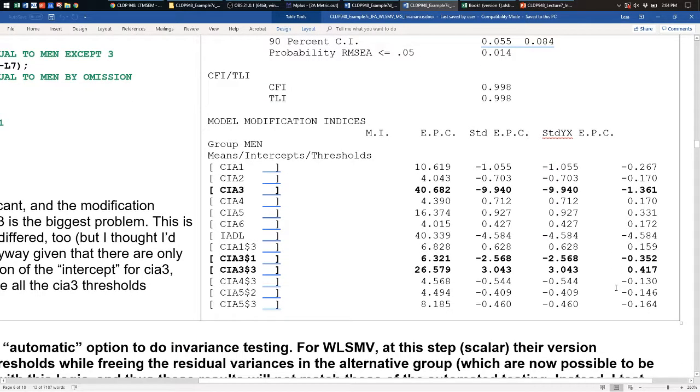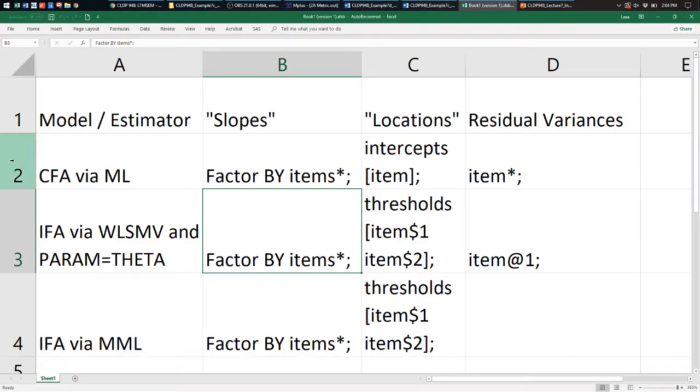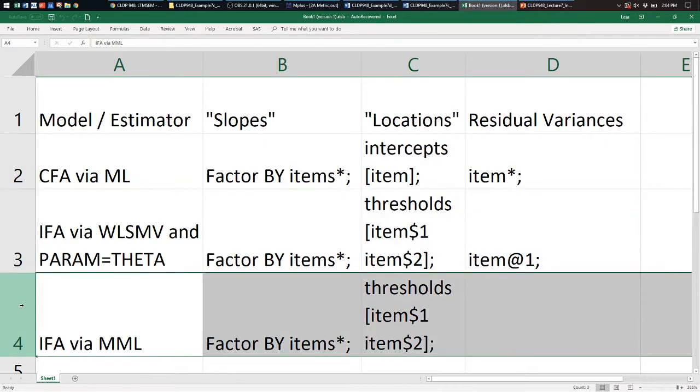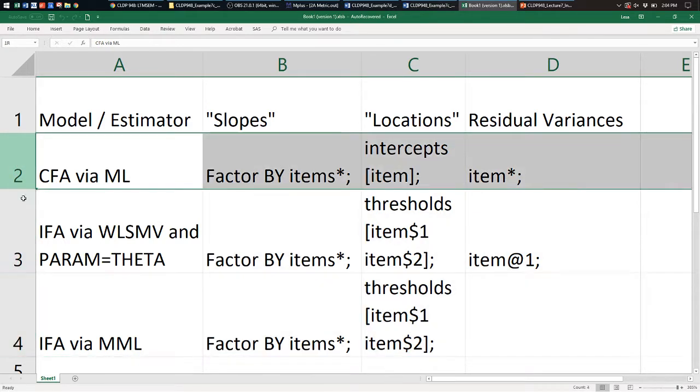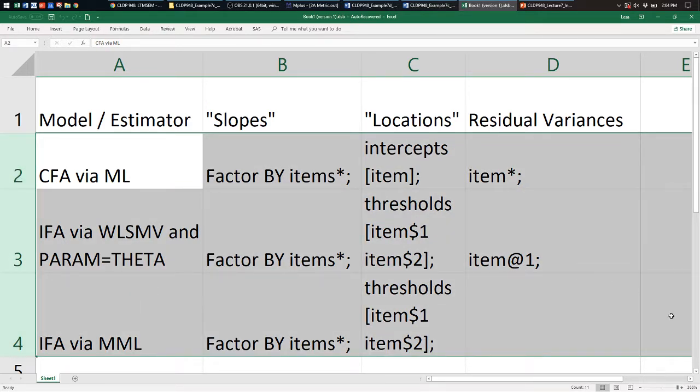To the voodoo, modification indices. Now you're going to see some funny things here. You see the dollar signs, right? So what kind of model are we in relative to the spreadsheet we built a little while ago? Which row are we in? 2, 3, or 4? We're in 3, right?